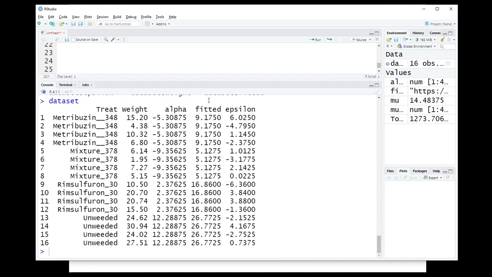Look at the observation number 5. So what we observed was 6.14, right? That was the weight we measured, okay? So in this case, the treatment effect was -9. So that means that with respect to the overall mean, the treatment effect produced a decrease of weight equal to 9.35.